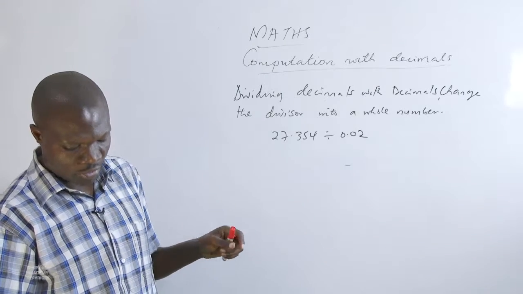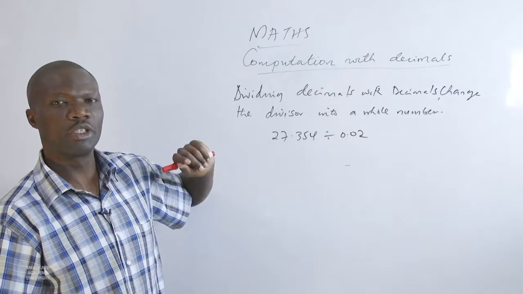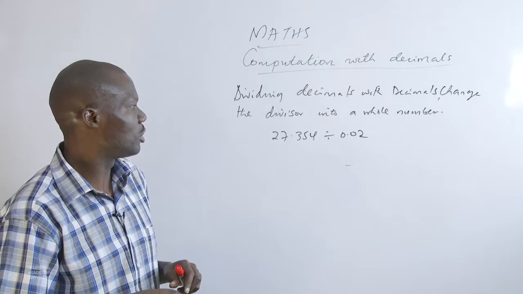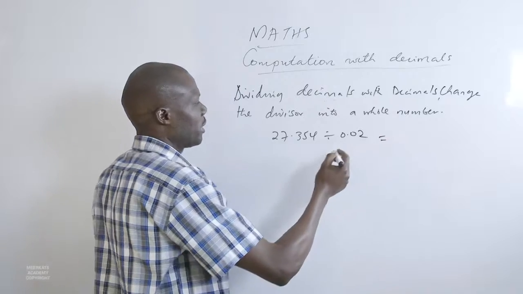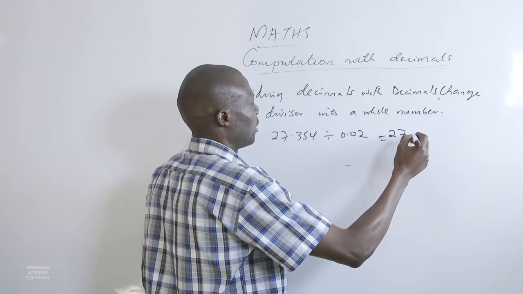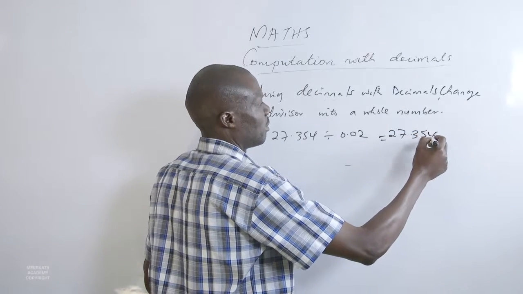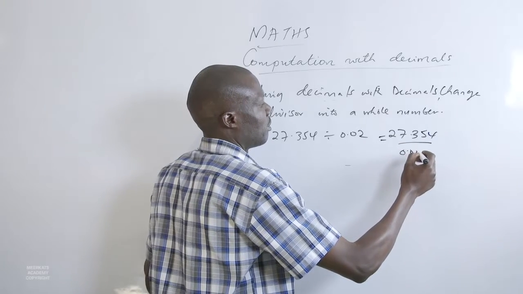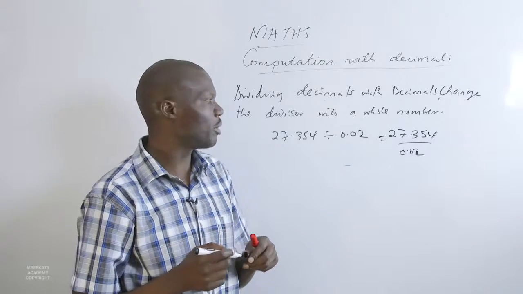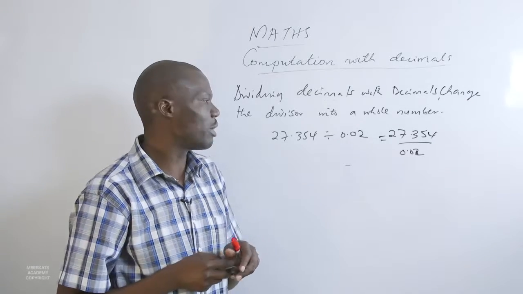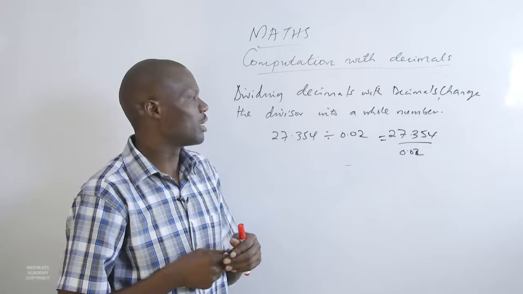Now, take for example, 27.354 divided by 0.02. We need to know that this is just the same as rewriting it like a fraction, that is 27.354 over 0.02.